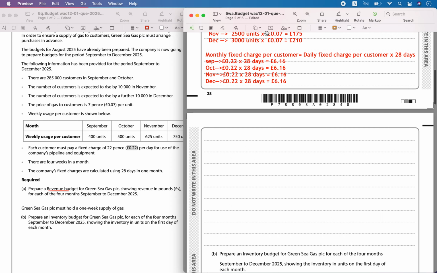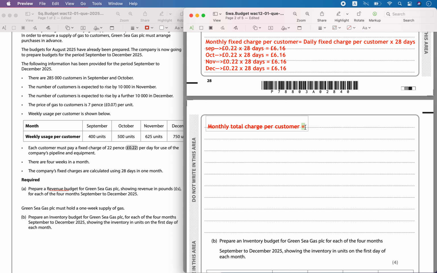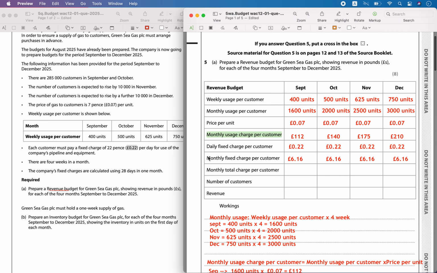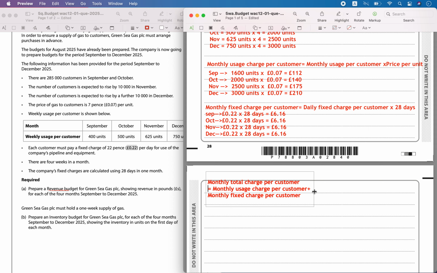So let's fill in the fixed charge for every month. Now let's calculate the monthly total charge. The monthly total charge per customer is equal to the monthly fixed charge per customer plus the monthly usage charge, which is a variable charge. If we add these two, we get the total monthly charge paid by the customer.